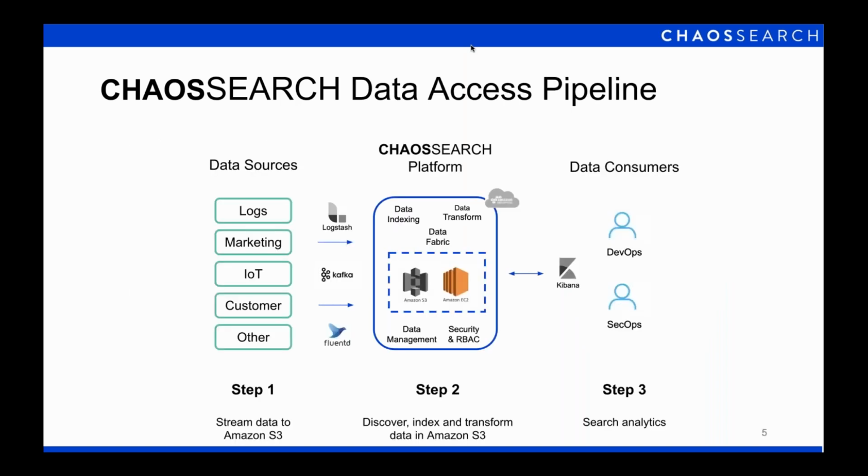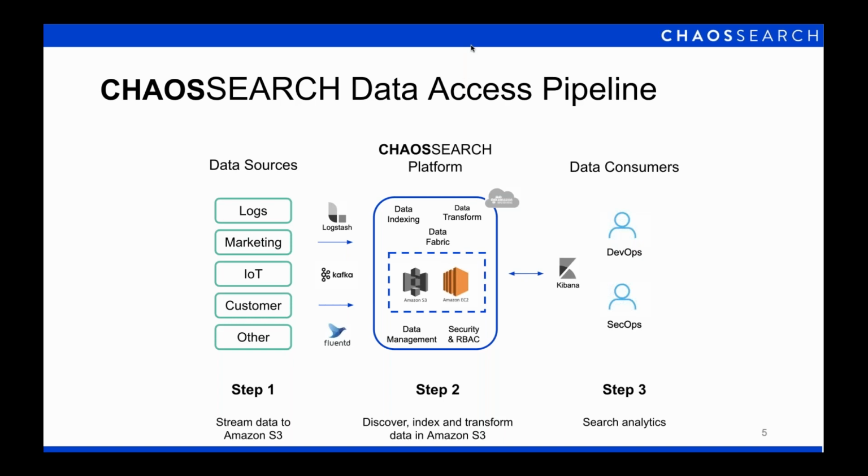This is a simplified view, if you will, of what we call our data access pipeline. On the left-hand side, on step one, you see the types of data sources. So whether it be logs or marketing data or IoT data from devices, our philosophy is to use one of the transfer mechanisms or software solutions that are out there, like Logstash, Fluentd, or Kafka, to actually get data into S3.